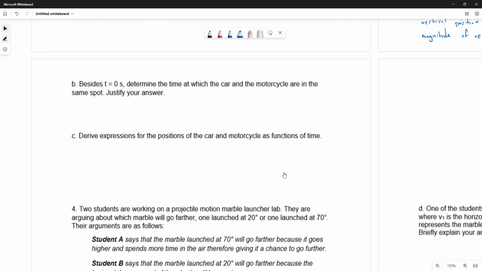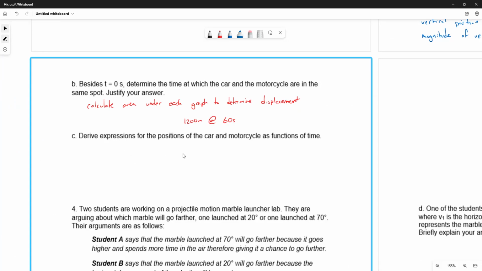So for justification here, you would just say you calculated the area under each graph to determine displacement, which is 1,200 meters at 60 seconds.